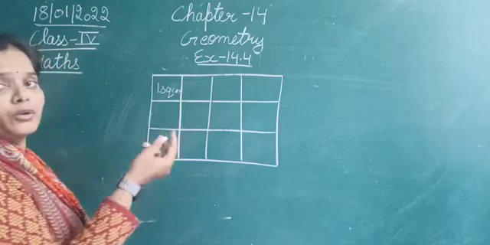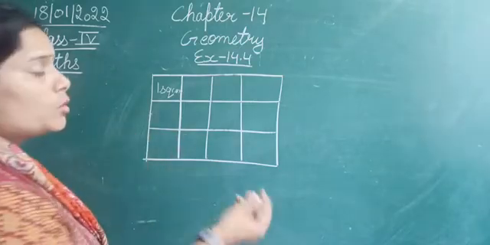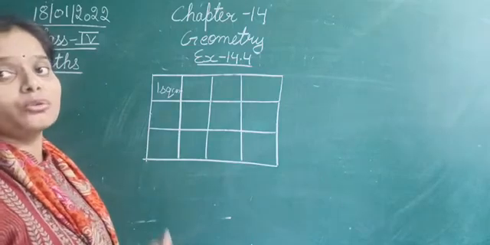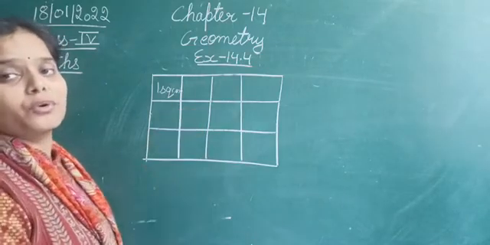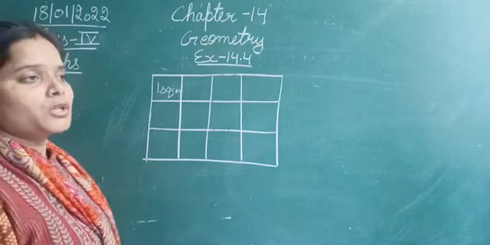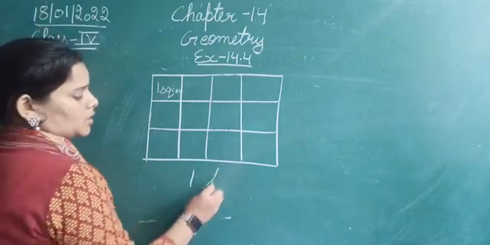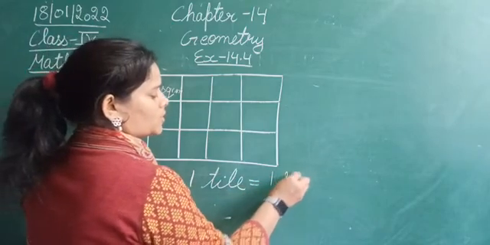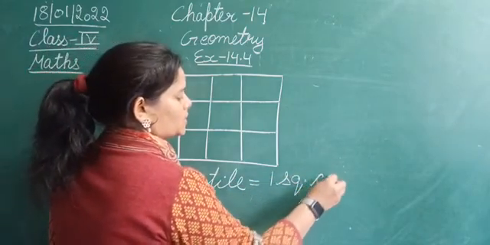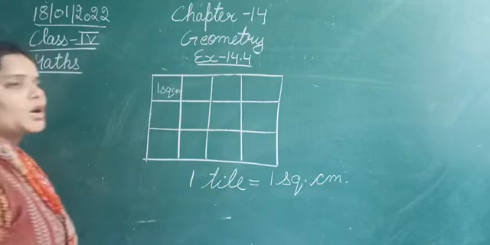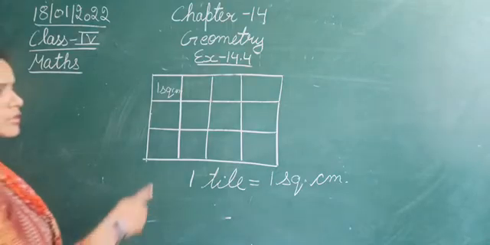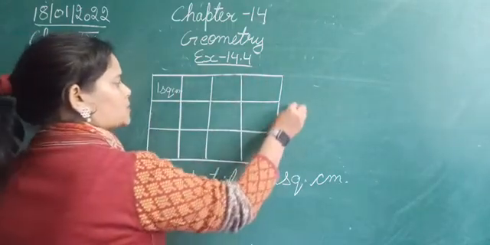If I ask you to find the area of this floor, how are you going to find it? देखिए, 1 tile is equal to 1 square centimeter, and we need to find the area of this complete floor. ये पूरा क्या है? This is a floor.